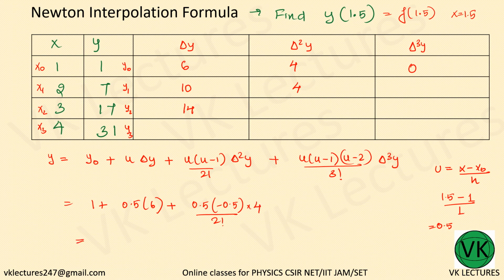That's equal to 1 plus 0.5 times 6 is 3, minus 0.5 times minus 0.5 is minus 0.25 and that can be taken as 1 by 2, so minus 1 by 4, so that is minus 1 by 2. So 1 plus 3, 4, 4 minus half, 3.5.